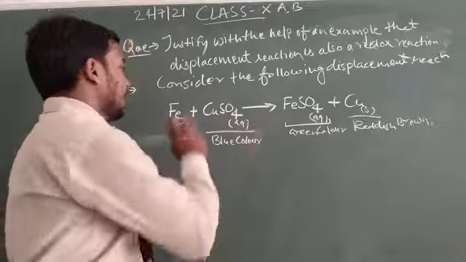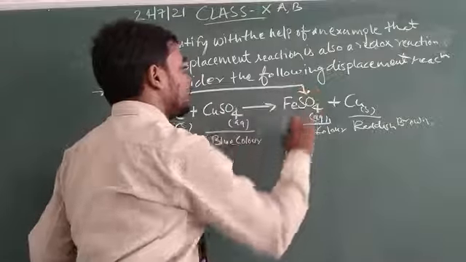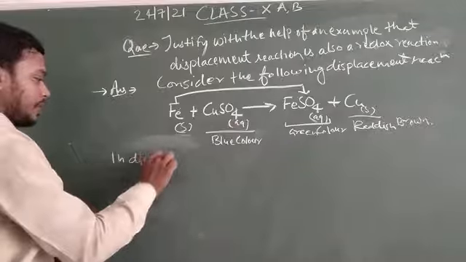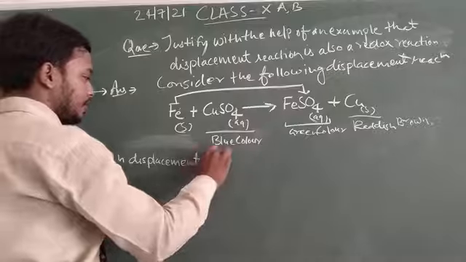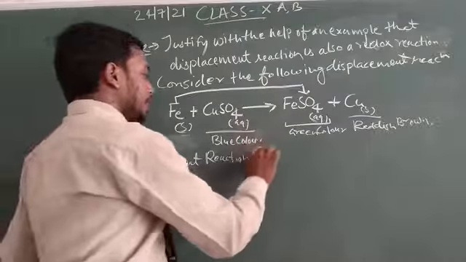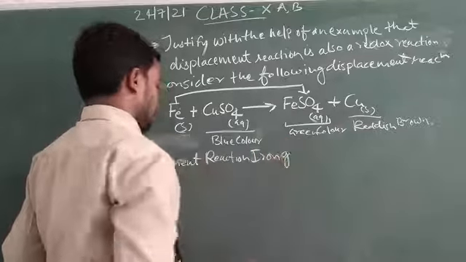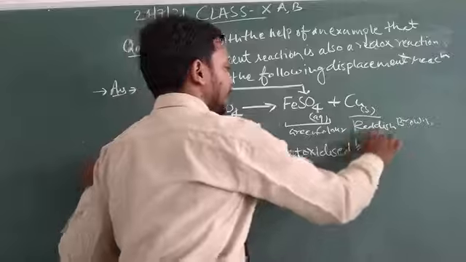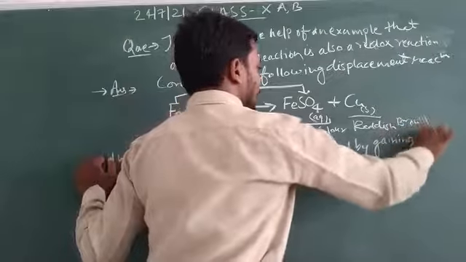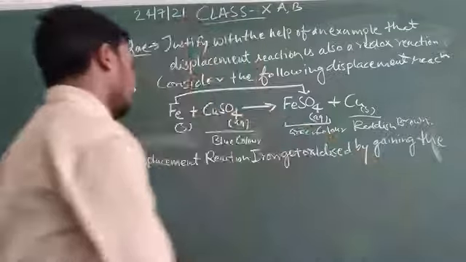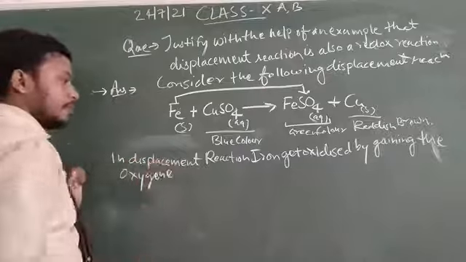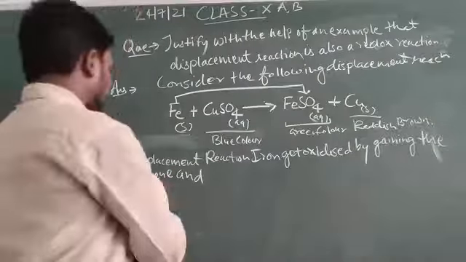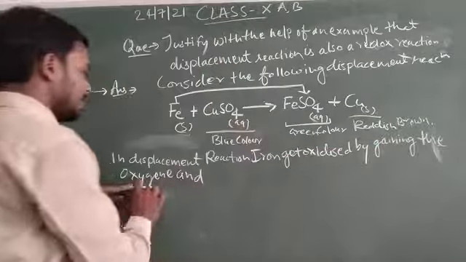In this displacement reaction, iron gets oxidized by gaining oxygen, and forms ferrous sulfate.